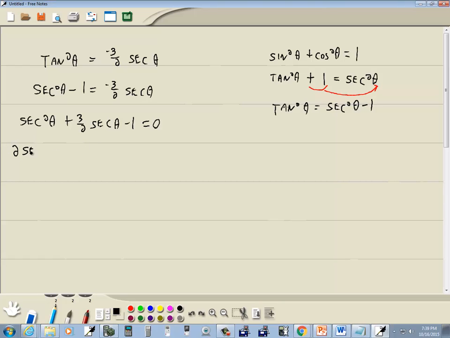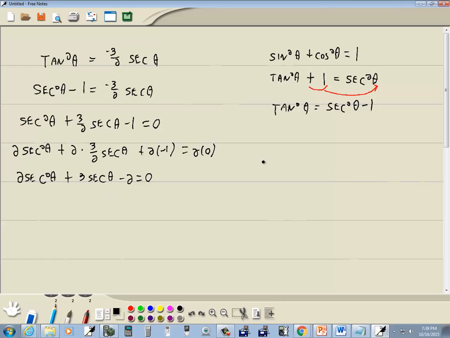So I get 2 times secant squared plus 2 times 3/2 secant plus 2 times negative 1 equals 2 times 0. That gives us 2 secant squared. Those 2's cancel, so we've got 3 secant theta. 2 times negative 1 is negative 2, and 2 times 0 is 0.